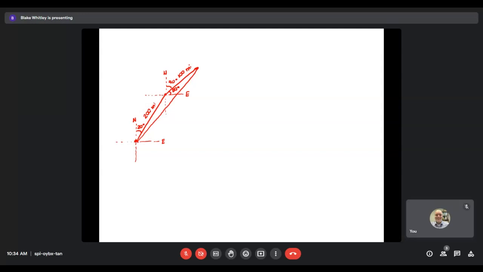I also know that between south and east there should be a right angle, so 90 degrees there. Now if I can figure out the angle between south and this piece over here at 200 miles, then I'll have the entire angle.